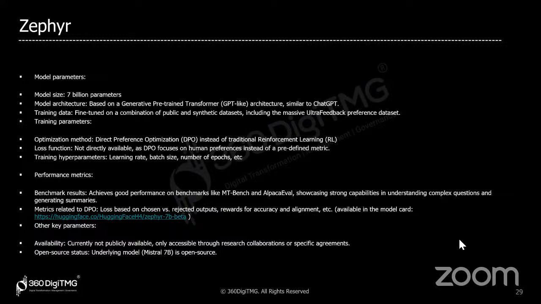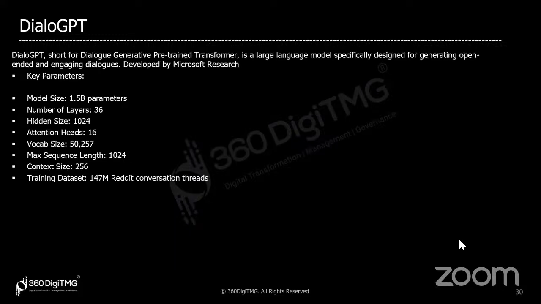So these are some of the model metrics. Then there is DialoGPT. DialoGPT is short for dialogue generative pre-trained transformer. It is an LLM model specifically designed for generating open-ended and engaging dialogues, developed by Microsoft Research.